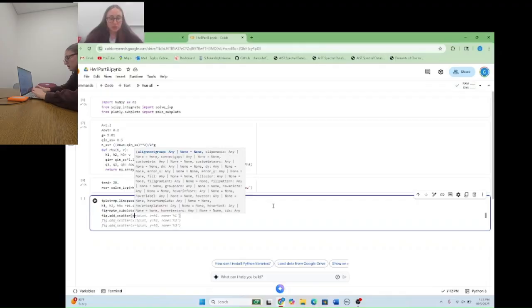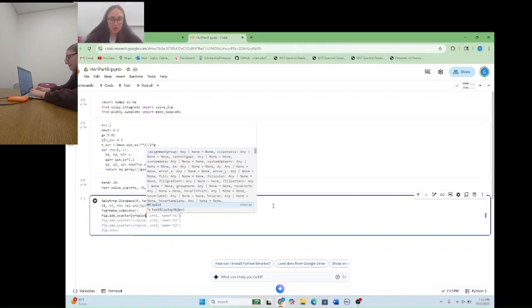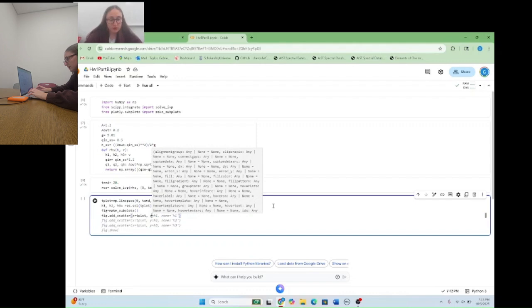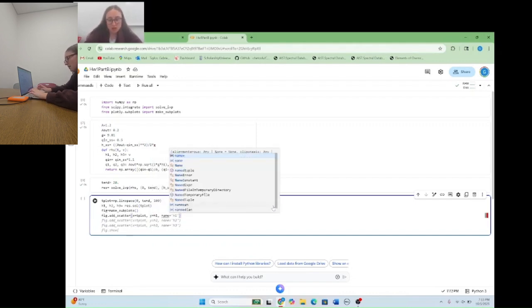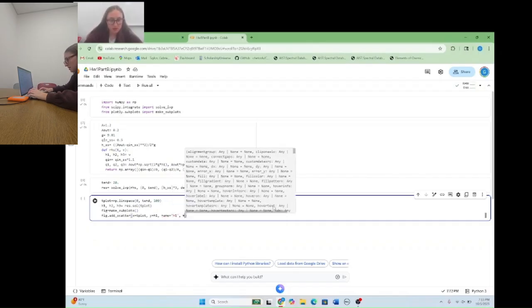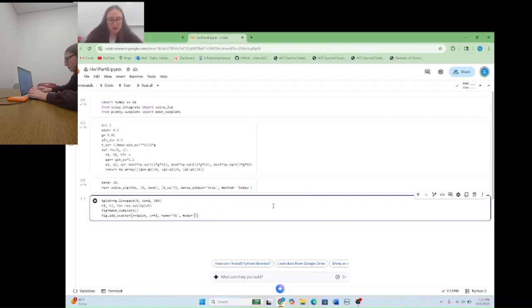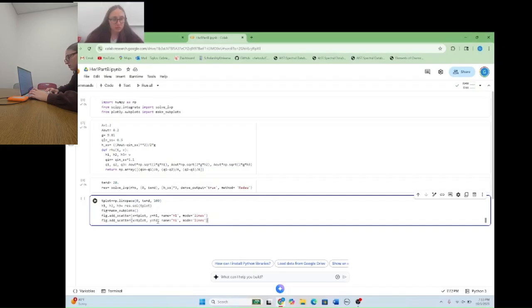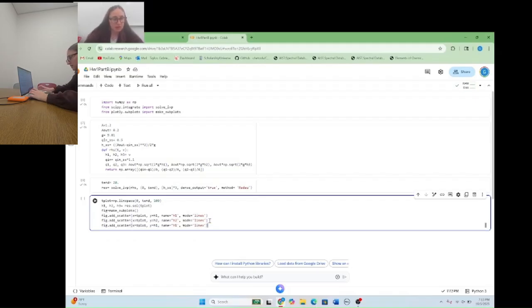So our x is going to equal our t-plot, and our y for the first graph is going to be h1, name is equal to h1, and then mode is equal to x. Okay, I'm just going to copy and paste this and then just change the heights, which you'll see.